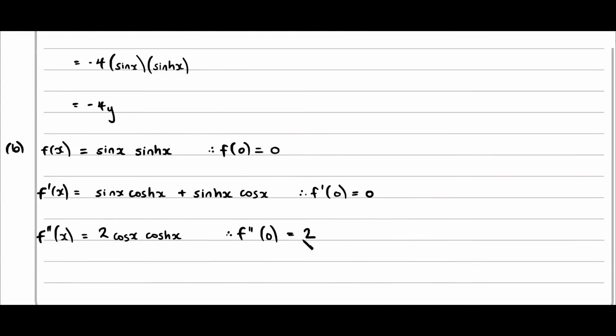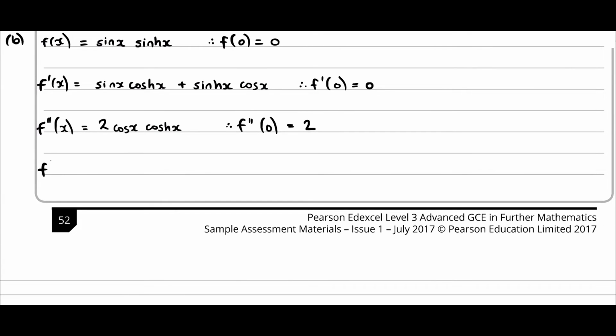The third derivative, we found that to be equal to 2 cos x sin x minus 2 sin x multiplied by cos x. And if we work out the third derivative at the point x equals 0, we have 0 minus 0, which is 0. And the fourth derivative, we just found that to be minus 4 lots of f of x.